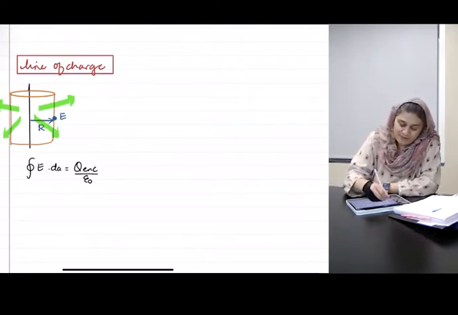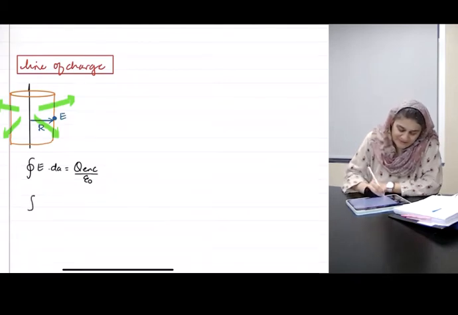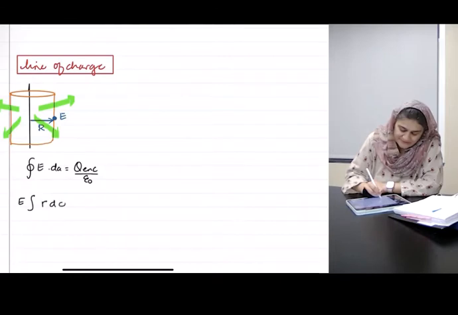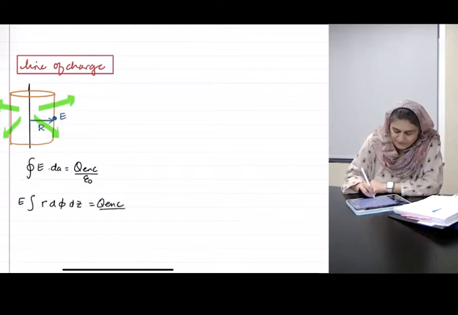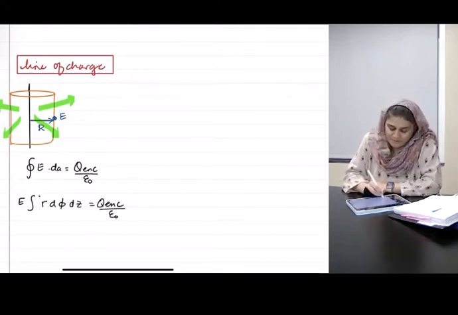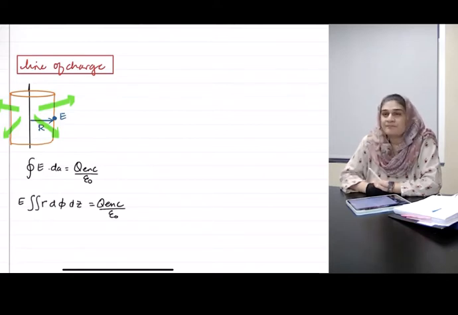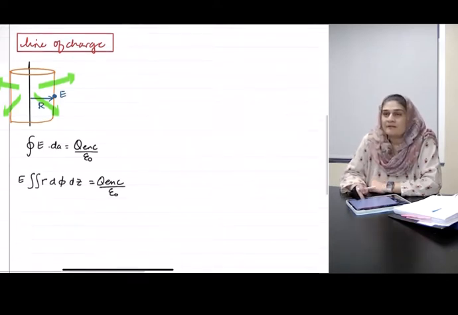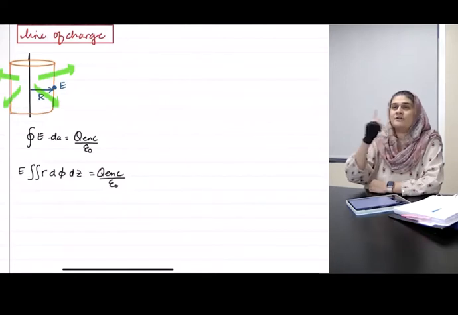Excellent. So now I may write this as the integral of E R d phi dz equals Q enclosed over epsilon naught, and there should be two integrations. This is for the curved surface.